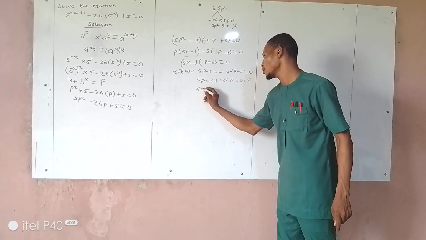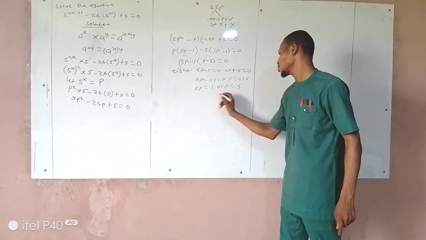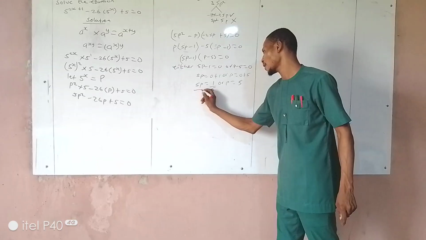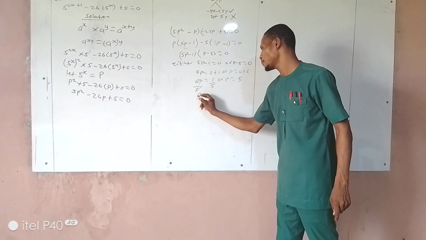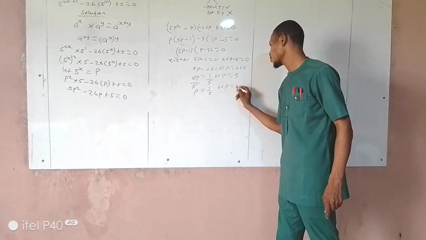So 5p equals 1, and p equals 5. So we have p equals 1 over 5 or p equals 5.